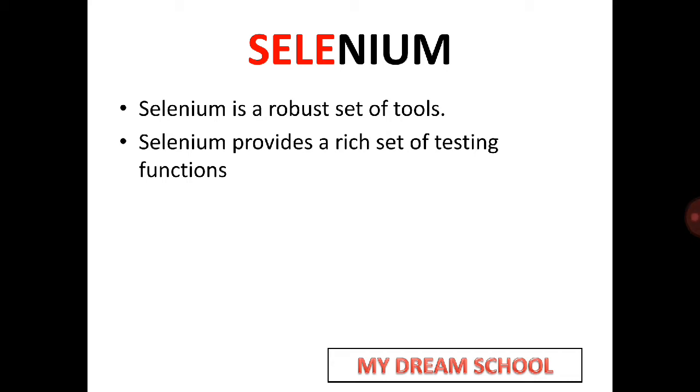In 2008, the whole Selenium team decided to merge WebDriver and Selenium RC to form a more powerful tool called Selenium. And one more point, all Selenium projects are licensed under Apache 2.0, that is open source. Anybody can download it free of cost.